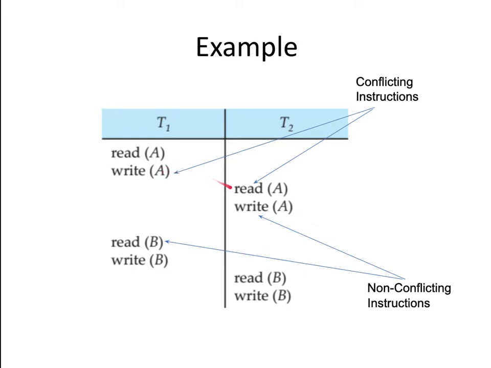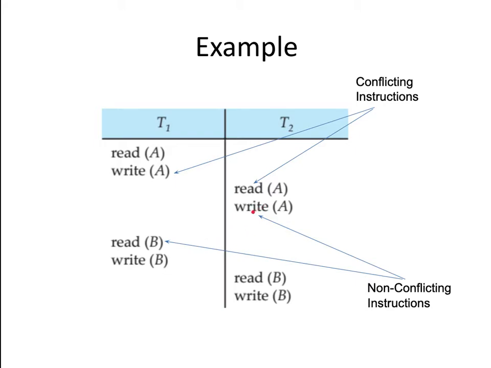Now write A and read A are said to be conflicting instructions. Why so? Because they are accessing the same item and one of those instructions is executing a write operation, right? But over here, since those two items are different, they are not conflicting instructions; they are said to be non-conflicting instructions.